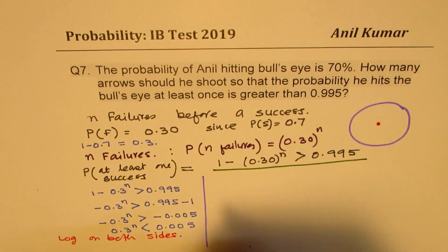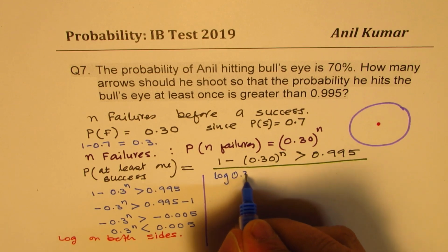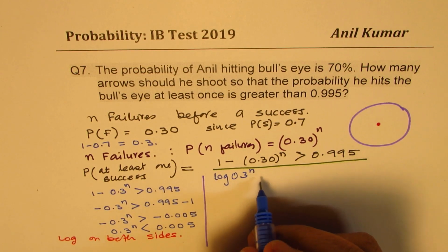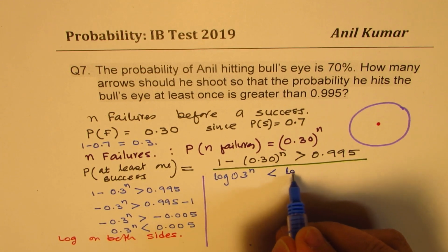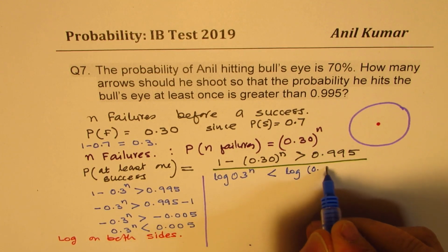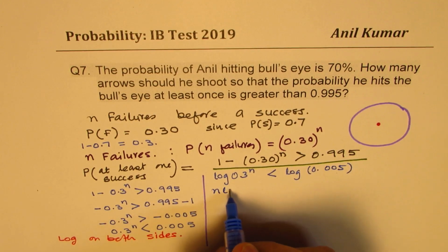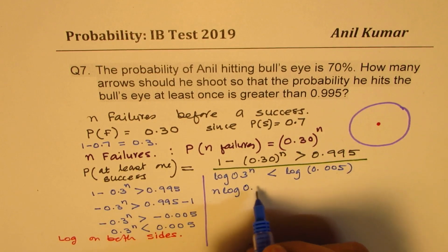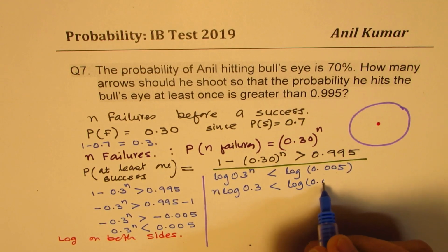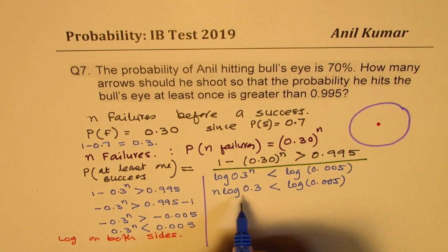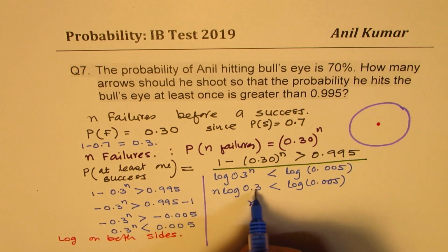Taking log, we get log of 0.3 to the power of n should be less than log of 0.005, right? So that gives you n log of 0.3 should be less than log of 0.005. Now we have to divide by log of 0.3.